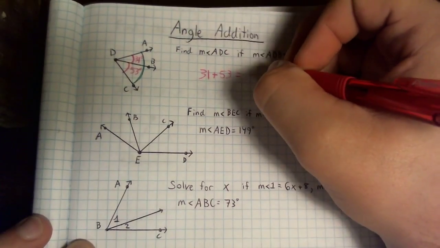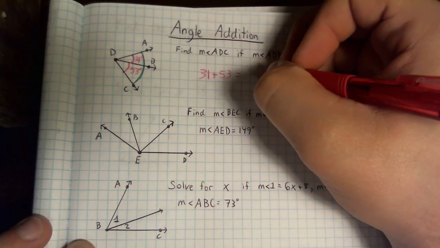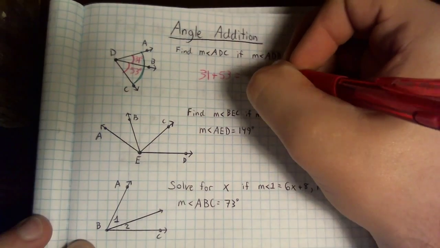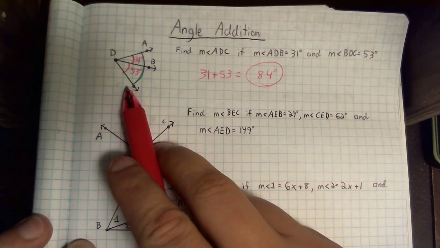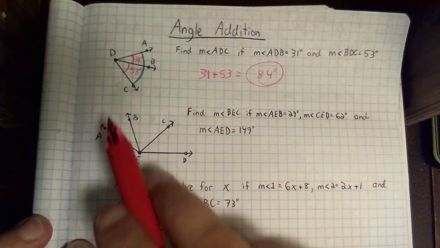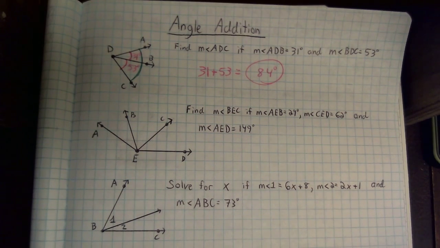So 3 plus 1 gives us 4, 3 plus 5 will give us 8. So our total for the measure of angle ADC, the whole thing, is 84 degrees wide. Pretty simple concept. So let's take a look at a couple other examples. If you want to try doing these two examples on your own, pause the video, try them out, and then resume it. We'll go over the answers.